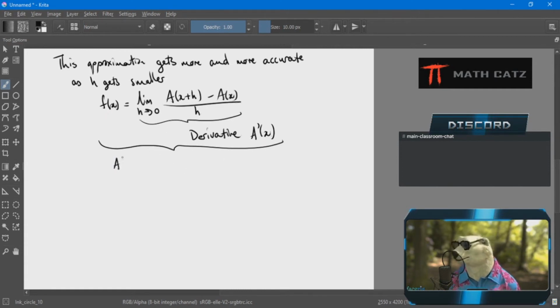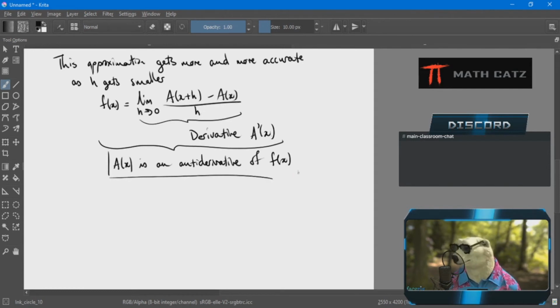So the area function A is an antiderivative of f of x. I'm going to put a box around that. Antiderivative of f of x.